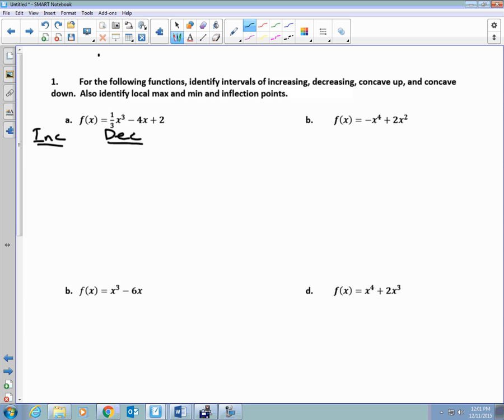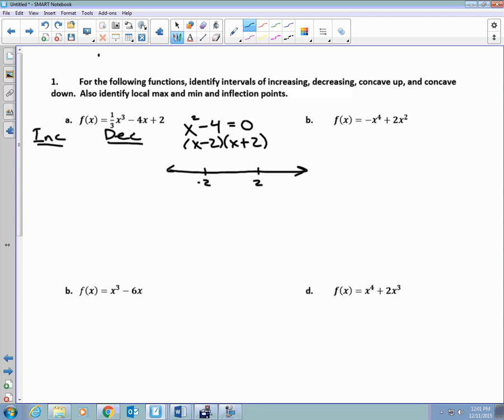What is the first derivative of this function? So therefore, -2 and 2 are my critical points. That's where something interesting happens.